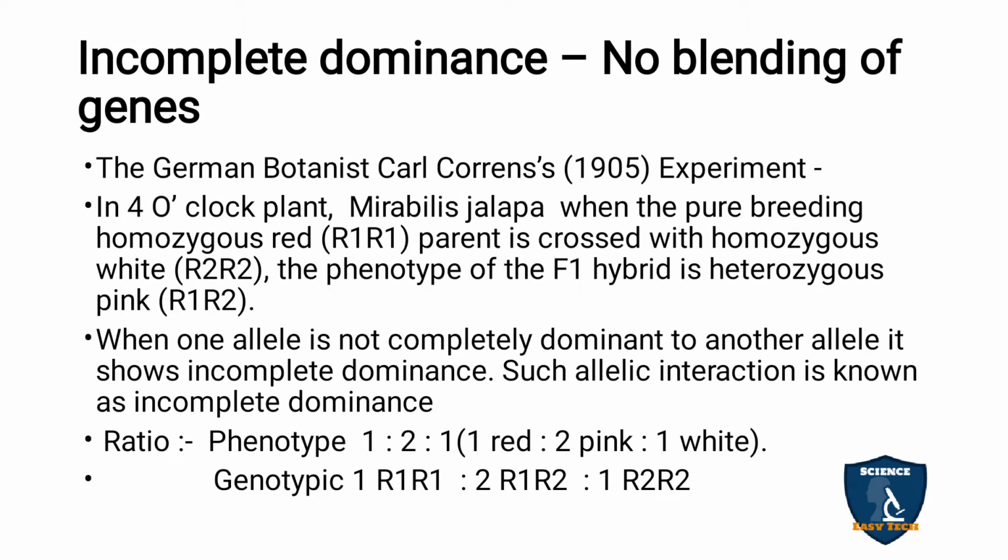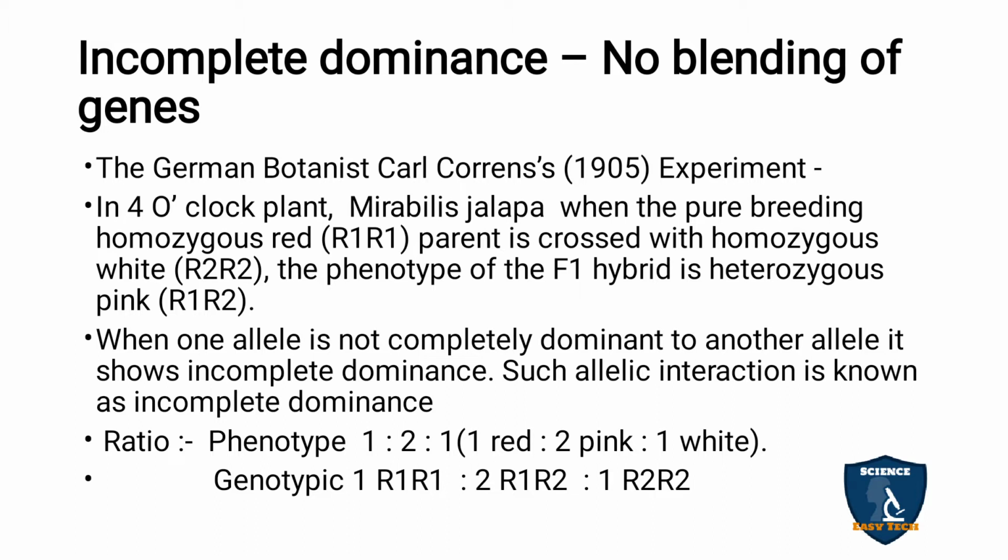So what color should it become, white or red? But here you get another color, pink, an intermediate color that came from this cross. The intermediate color has appeared from the cross, so it is called incomplete dominance.